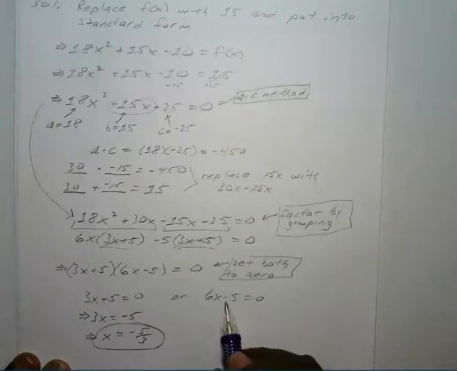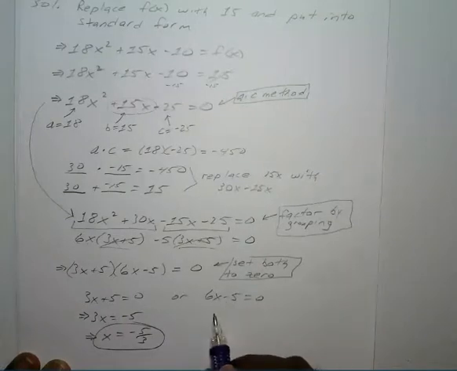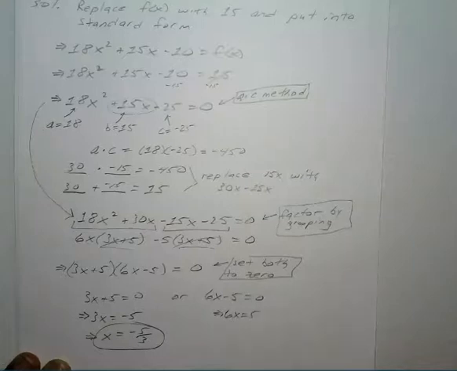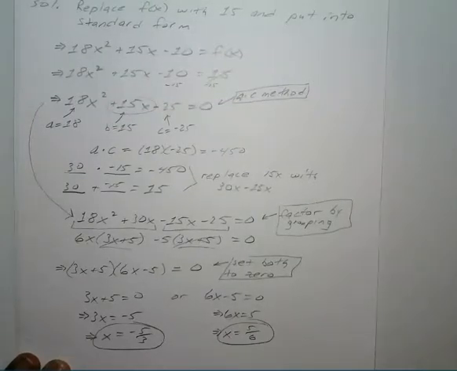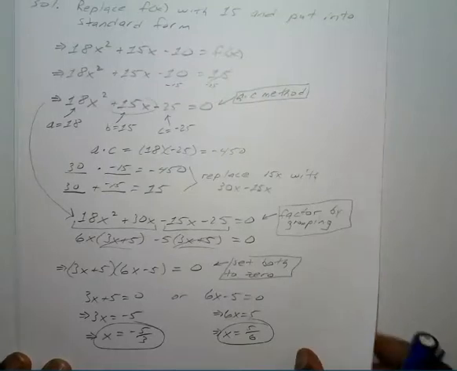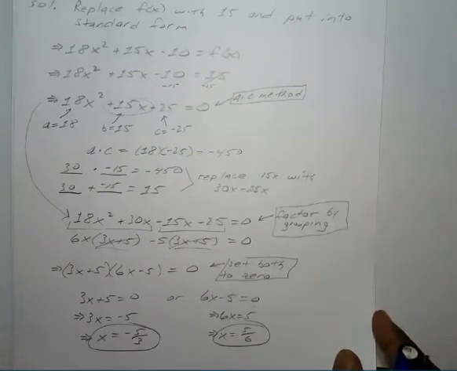For the other one, if we add 5 to both sides, we have 6x equals 5, and dividing both sides by 6, we have x equals 5 over 6. That's the first step in actually solving our original problem.